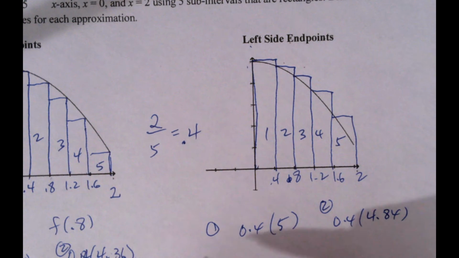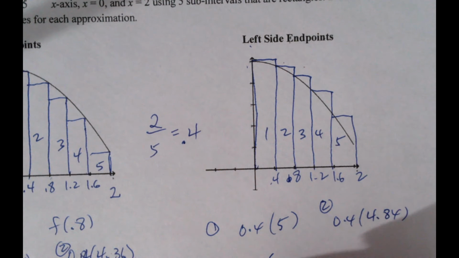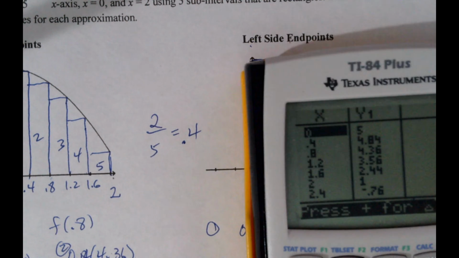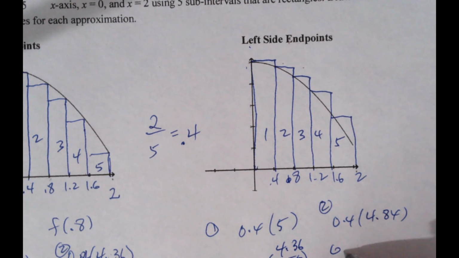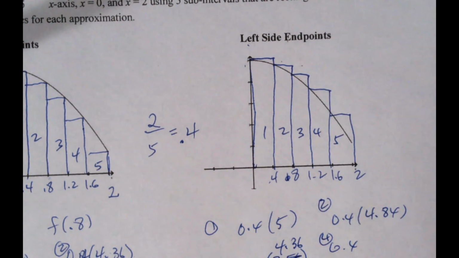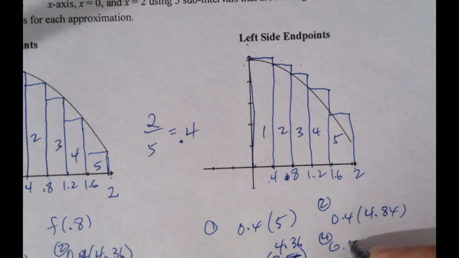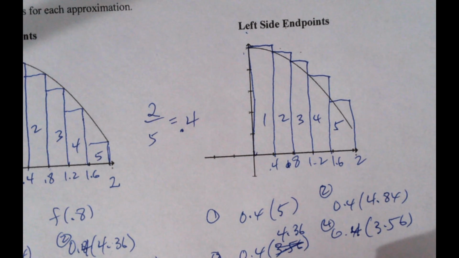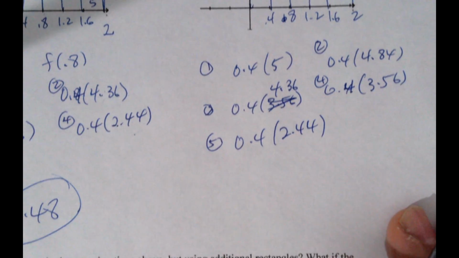Rectangle 3 is the next one, 0.8, which is 4.36. And rectangle 4 is plugging in 1.2, and that one's 3.56. So really just scooted over 1. Box number 5 is 0.4 times 2.44. So there we are.